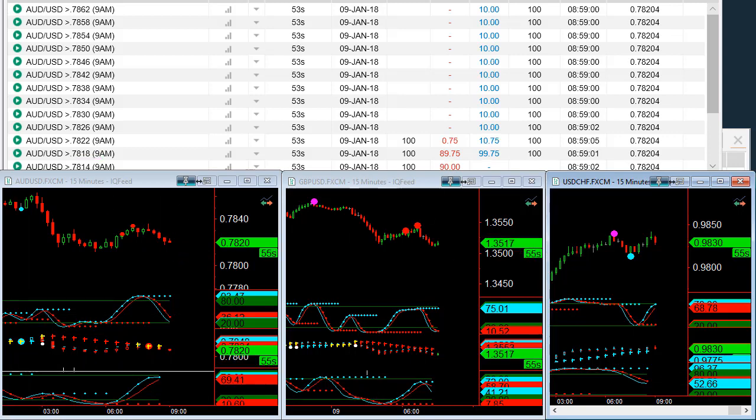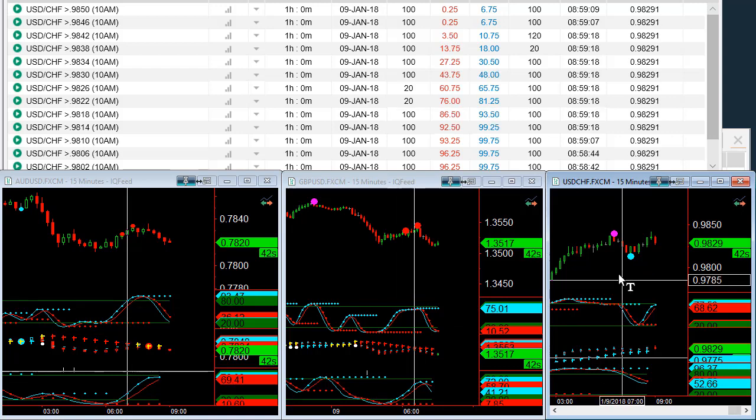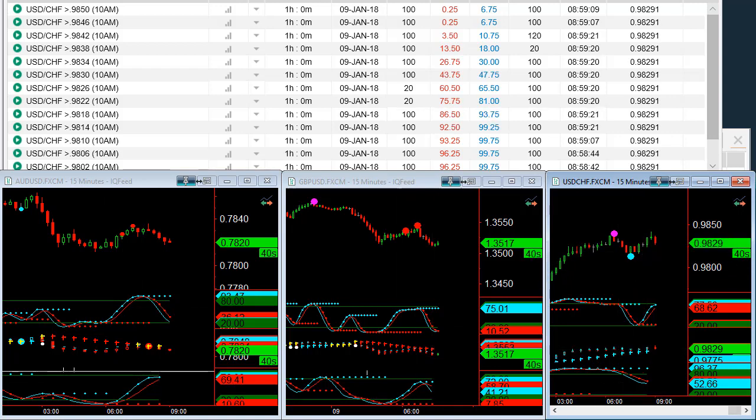Same thing over on the USD Swiss franc. It does not open until 8 a.m. Okay, so in this case, the at the money was 98.25 because that's where the price bar actually closed, and that would have been this one at 98.26.